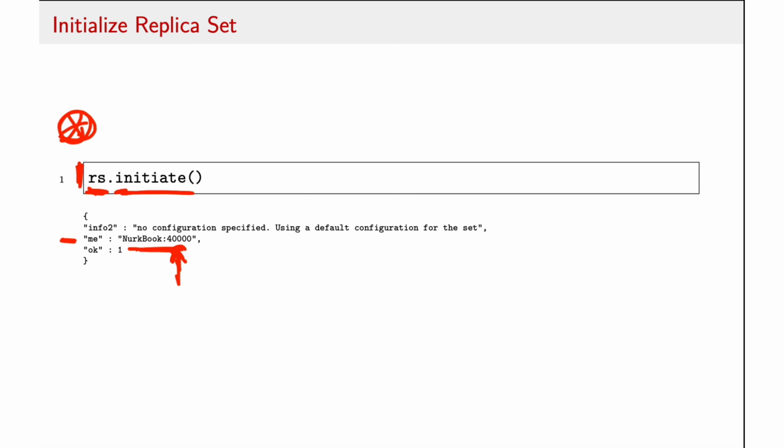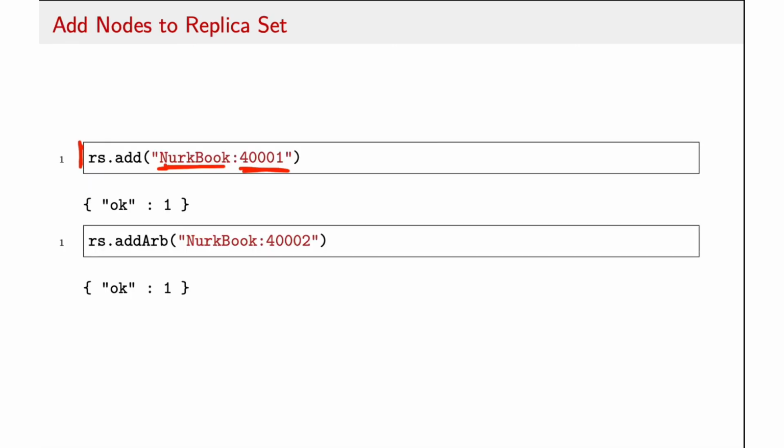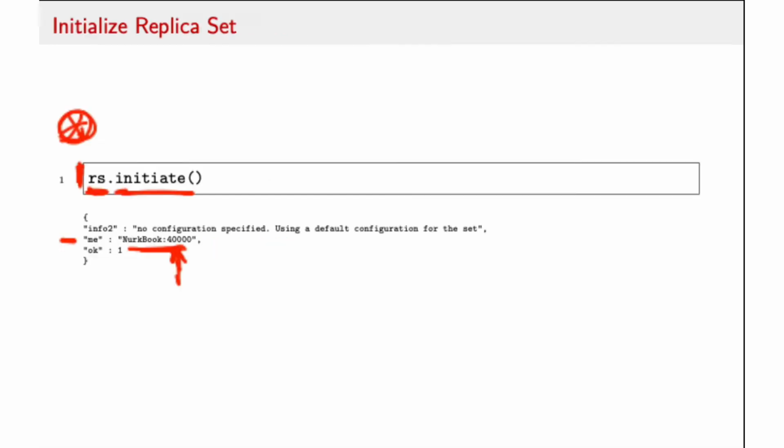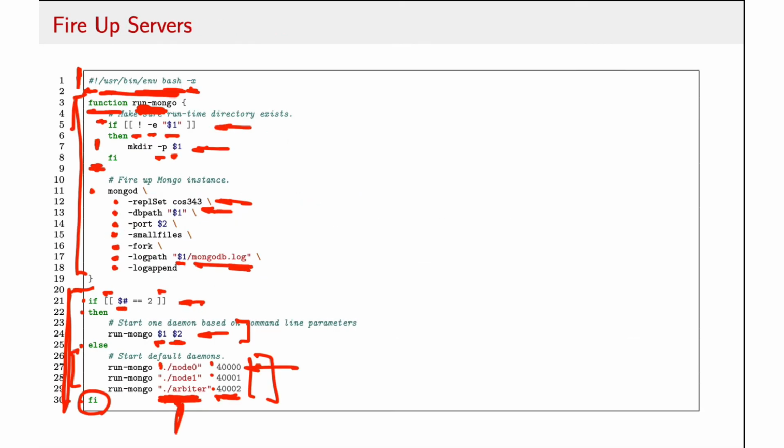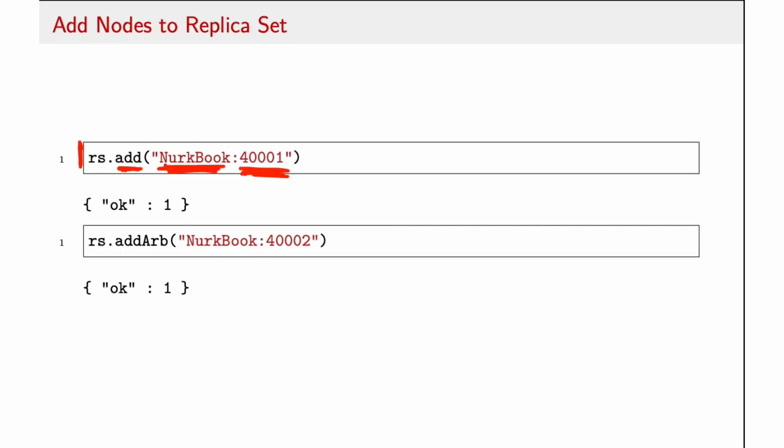So I connected to the port 40,000 process, initiated the replica set, and I'm still connected there, and now I'm issuing another command to add a node to the replica set. Nurkbook is just my local host name, and 40,001 is the port number on which that second process is running, the one that I started back here that I put into the node 1 directory. So the add command adds another node to the replica set.